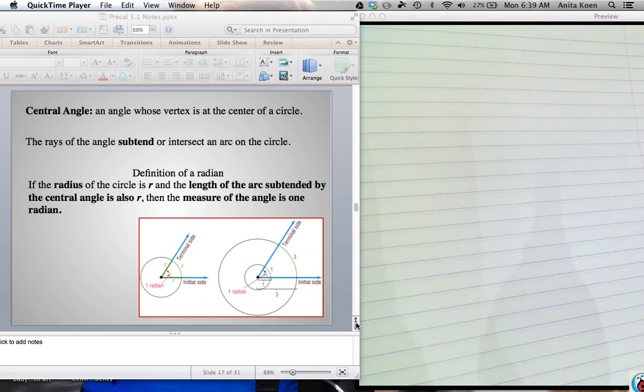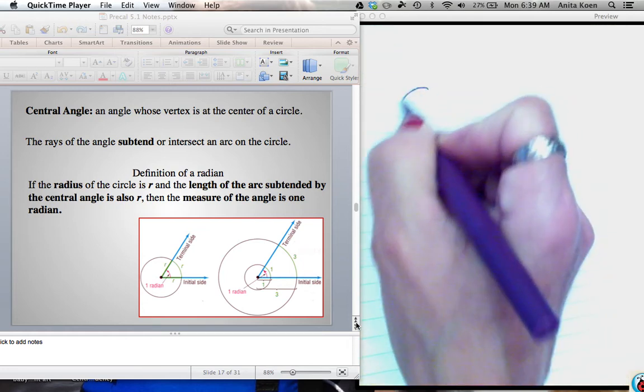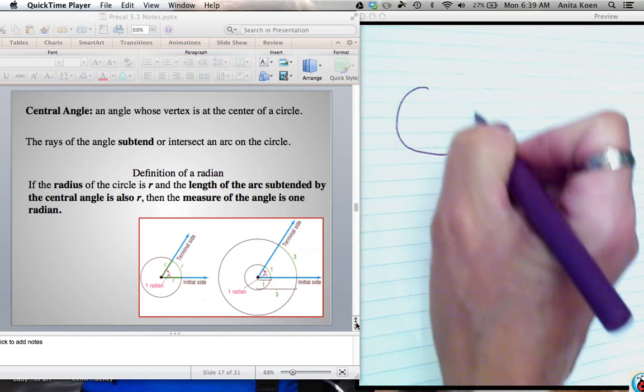Now, the next thing that I want you to know is the definition of a radian, and we're going to do a little bit more with this in the next lesson, but I do need you to know that if the radius of the circle is r. Okay, so I'm going to draw over here because I know sometimes it's hard to see it just from the picture.